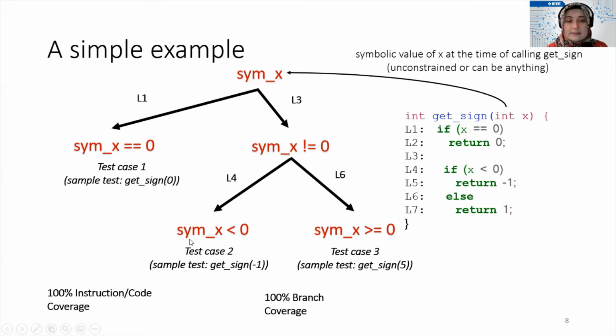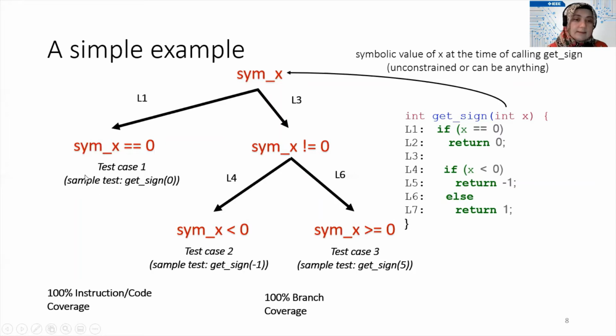As you see, for instance, this says sim(x) smaller than 0, and that obviously corresponds to this branch that returns -1. But using an SMT solver, we can find a solution for this one, or get a model, and then it may, for instance, give us -2, and then we can use this -2 as a test input, and it will obviously cover L4 and L5.